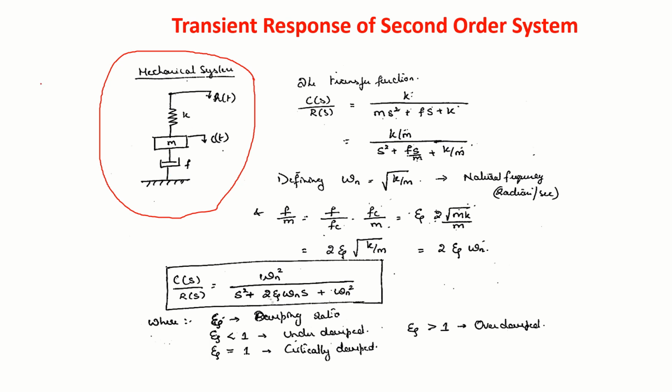So definitely I have taken a physical system. From physical system, I got this free body diagram. So this physical system has a mass, a damper, a spring, and let us say R of t is the input displacement and C of t is the output displacement.